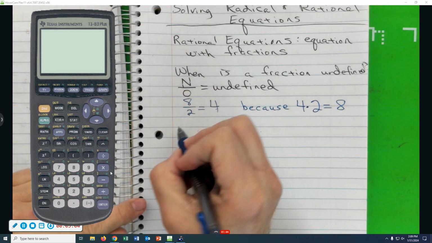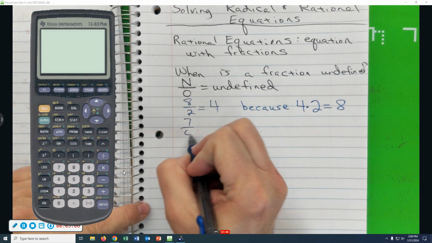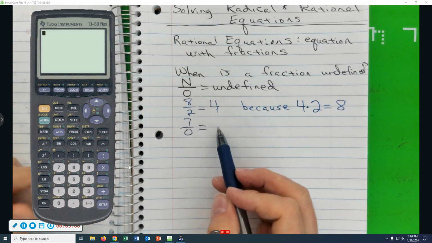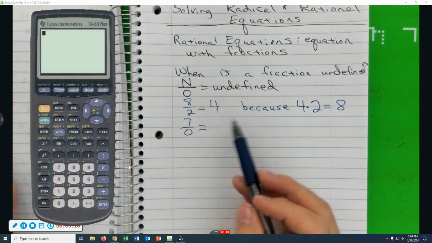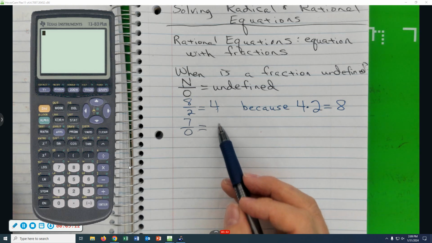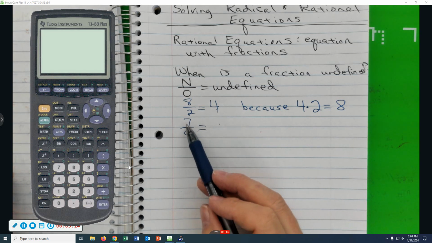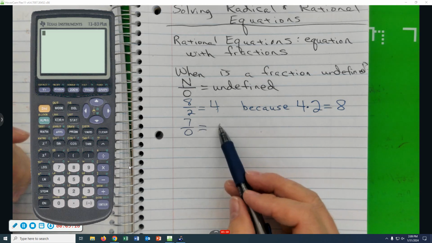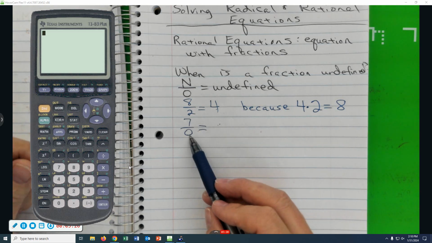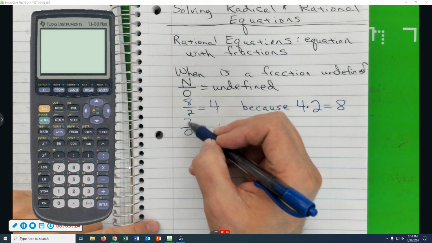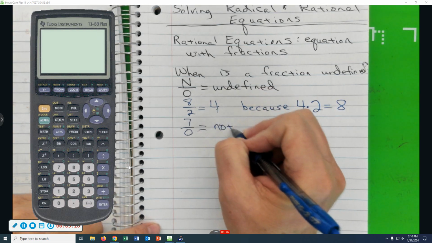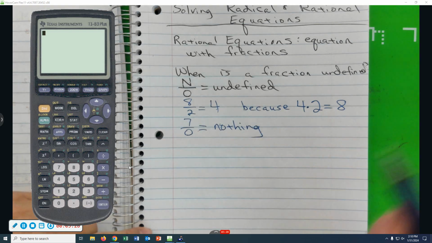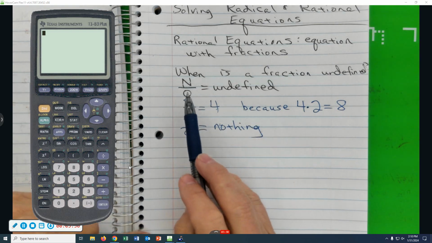Well, what about 7 divided by 0, or anything divided by 0? What times 0 is going to give you 7? It doesn't matter what number you put there. When you multiply it by 0, you get 0. That's why there is nothing that can be used there. Hence, division by 0 is undefined.